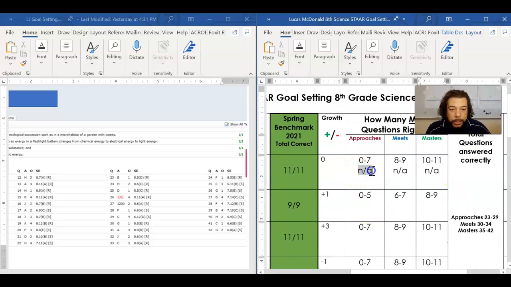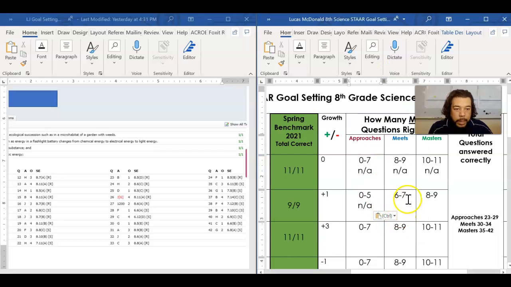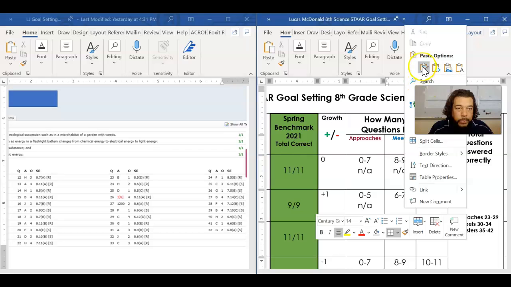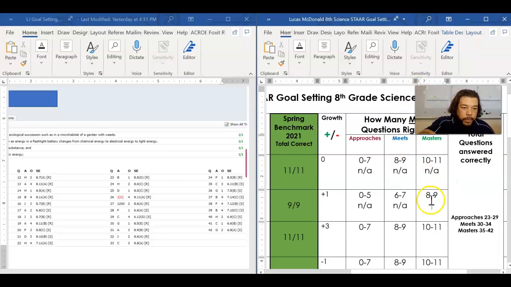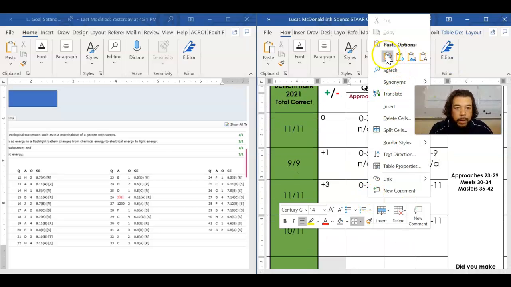So the same things are going to be for here as well. And I will just go in and copy and paste what his results were for here. Again, same thing here.